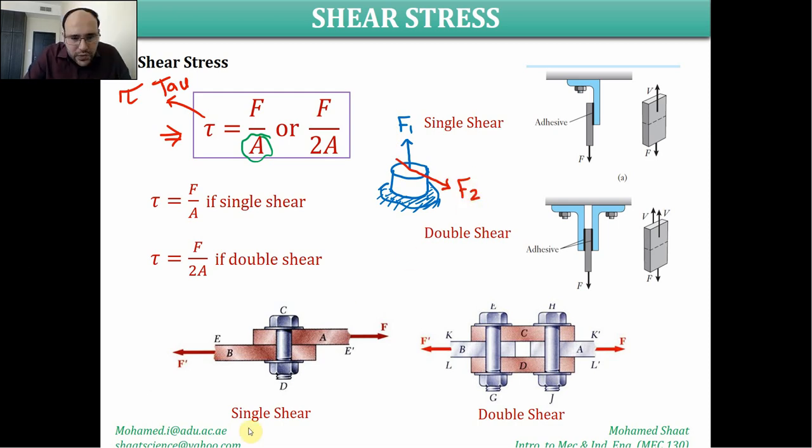So as you can see, this force F1 is normal, perpendicular to the surface, but the force F2 is parallel to the surface. Like this is the surface and F2 is coinciding to the surface, over the surface. So we're gonna say that this F2 is parallel to the surface, but F1 is perpendicular to the surface.